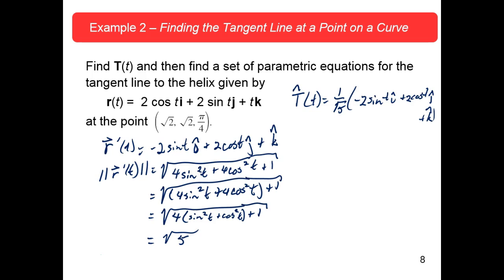So just looking at this, if this point is on that curve, and they indicate that it is, then this is the x value, the y value, the z value. In other words, the component for i, component for j, component for k. Well, what is the component for k? t. So t is equal to pi fourths. Now, is that consistent? If you put t equal to pi fourths in here, what's cosine of pi fourths?